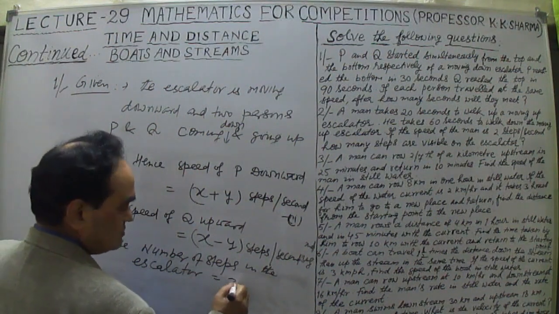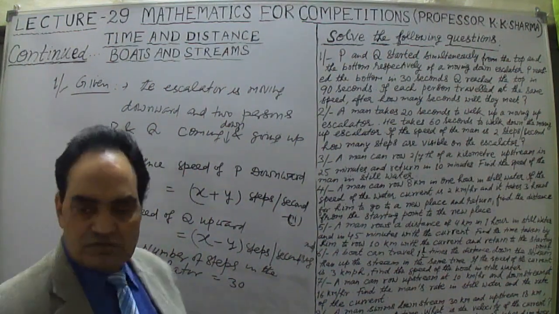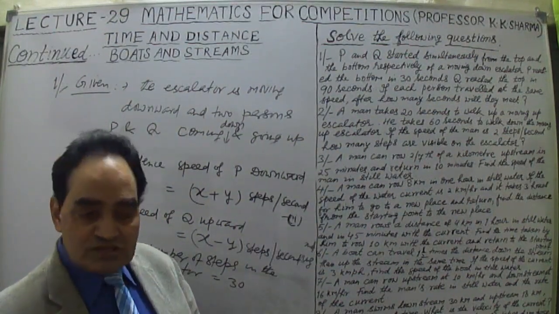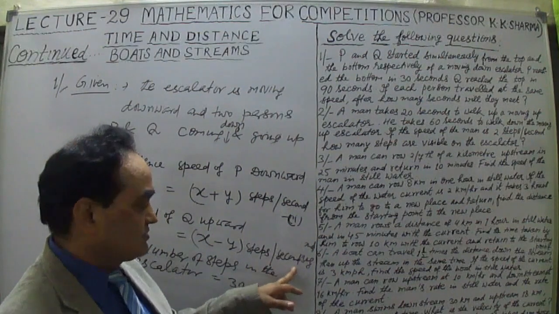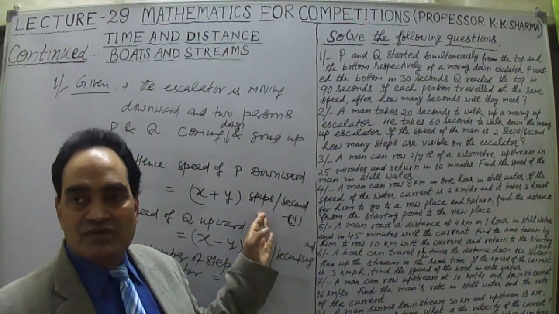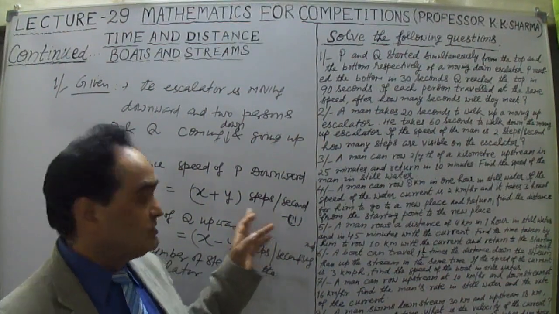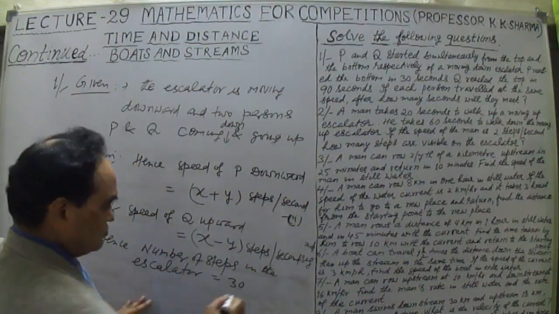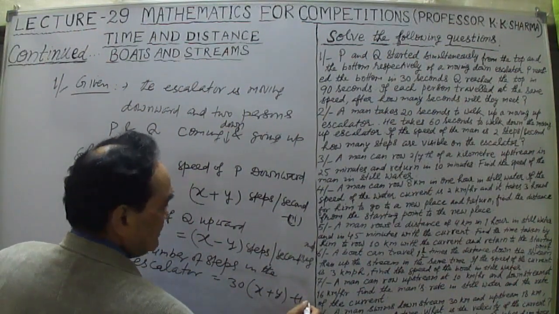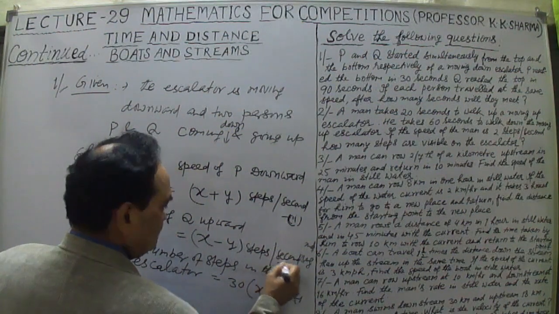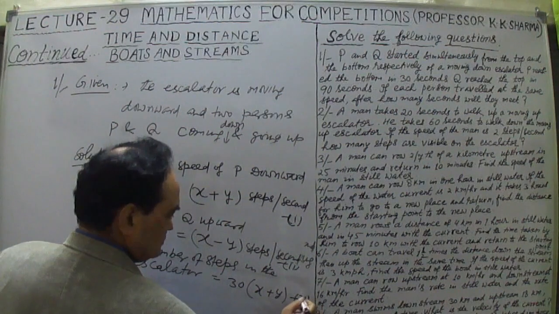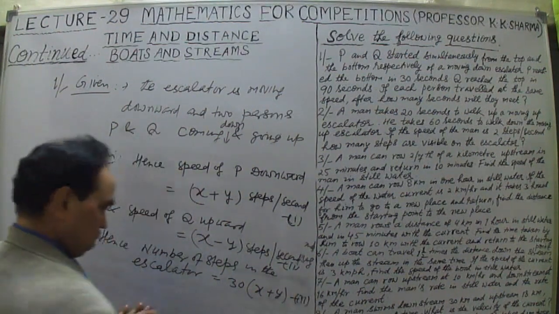Since P takes 30 seconds coming downwards, with his speed of x plus y steps per second, in 30 seconds he moves (x plus y) into 30 steps. So the total number of steps is (x plus y) times 30. This is the second equation, the first was the speed, and this is the third equation.